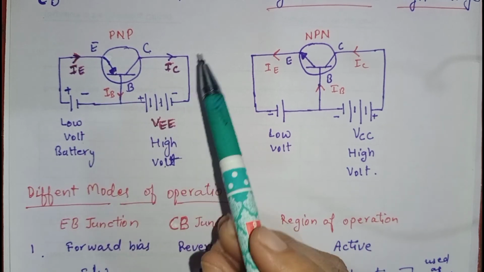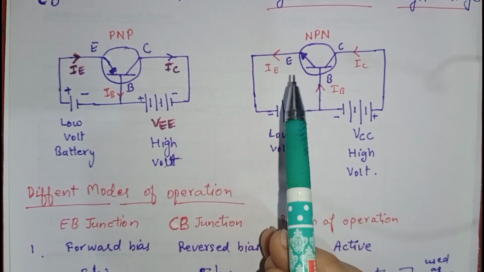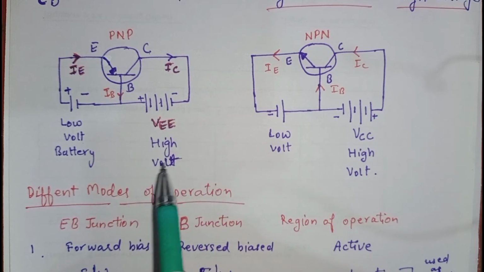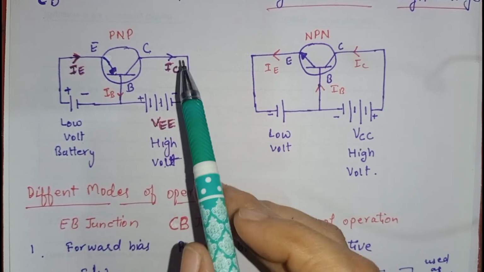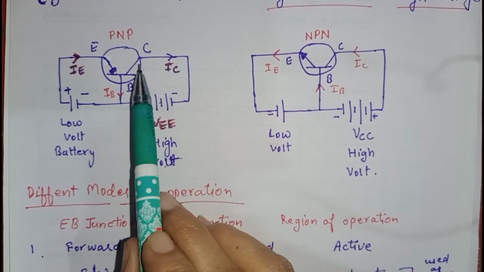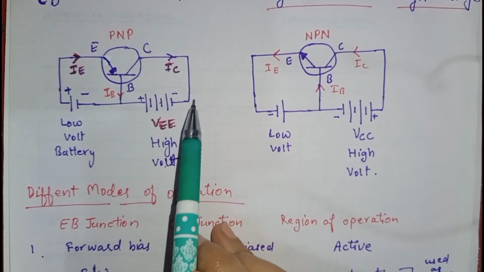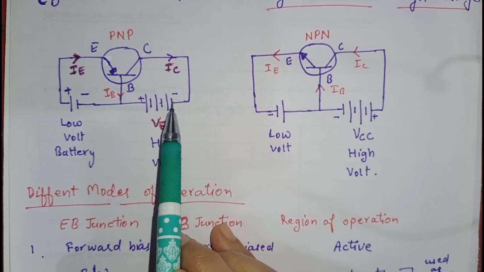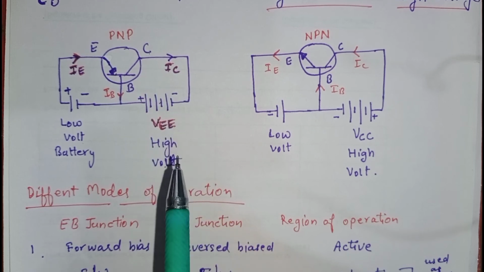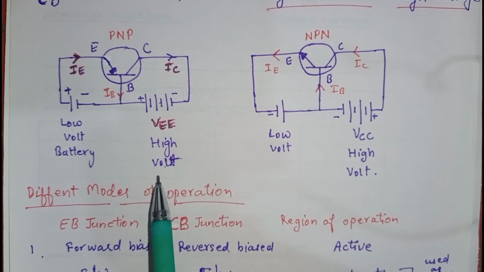At the base and collector junction, we have to apply a high voltage because it is reverse bias. It is reverse bias as the collector is P type, so it is connected to the negative terminal of the battery, and we have to apply a high voltage in this case.